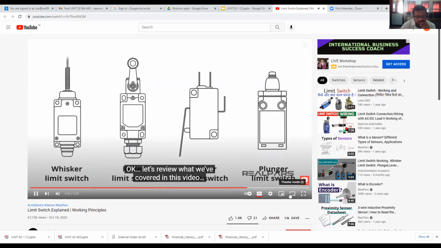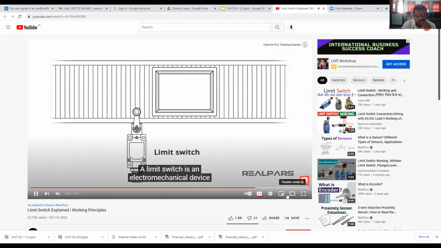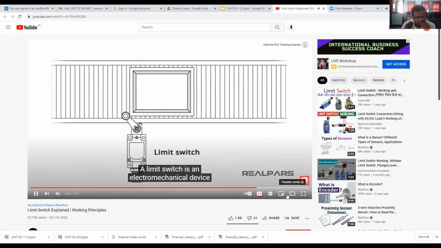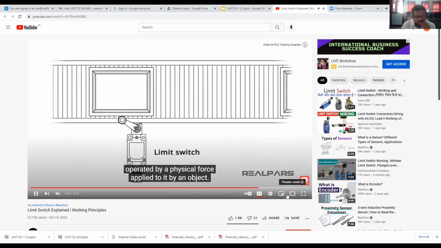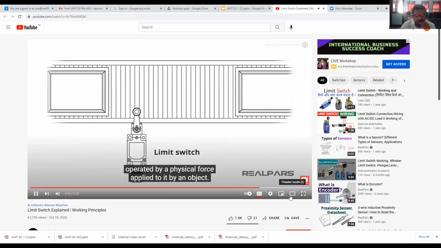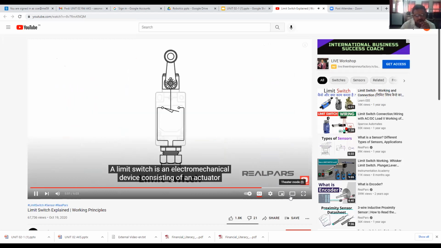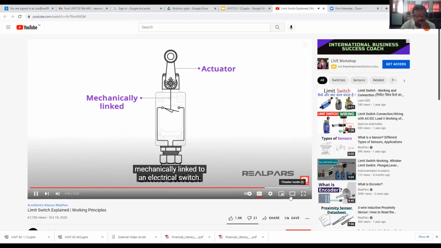Okay, let's review what we've covered in this video. There are 4 general types of limit switches: whisker, roller, lever, and plunger. A limit switch is an electromechanical device operated by a physical force applied to it by an object. A limit switch is an electromechanical device consisting of an actuator mechanically linked to an electrical switch.